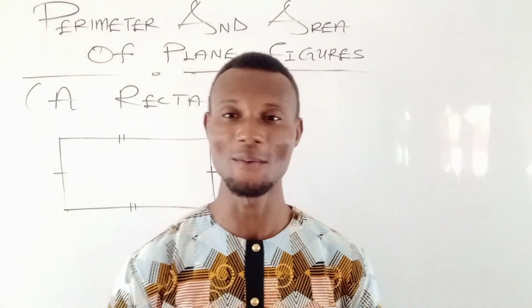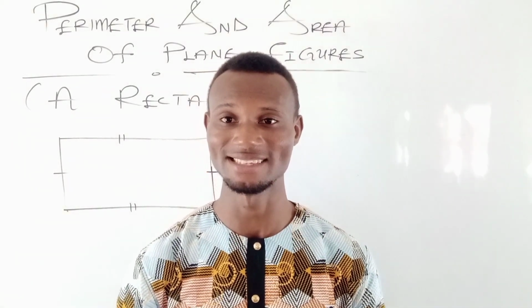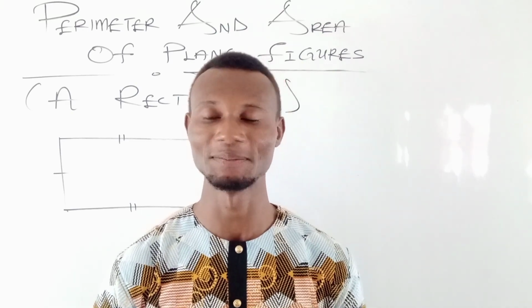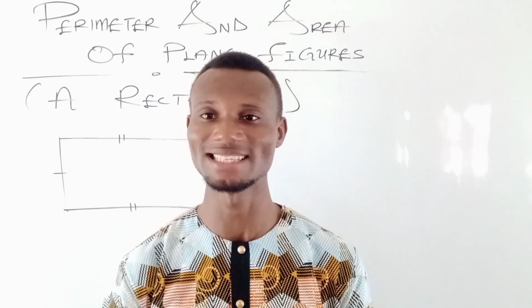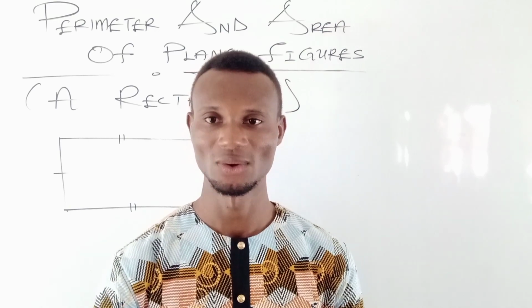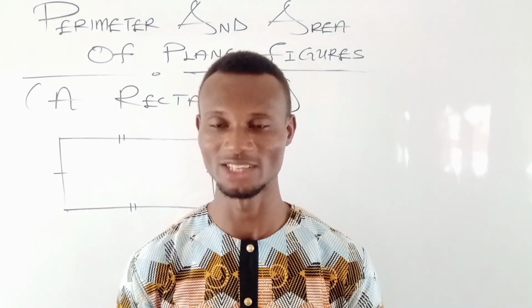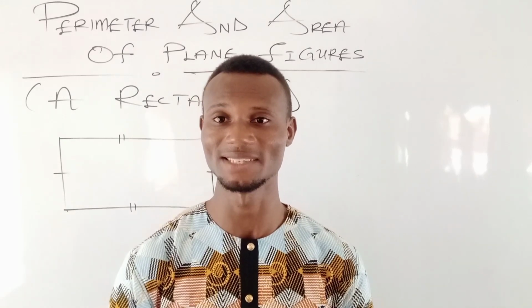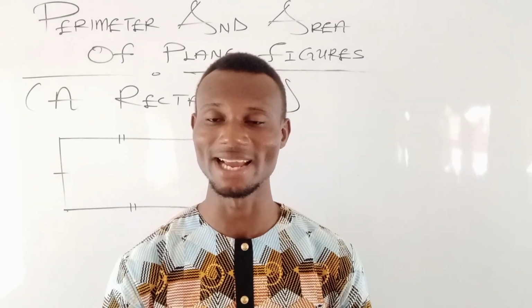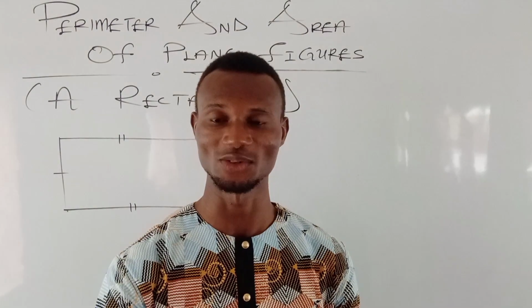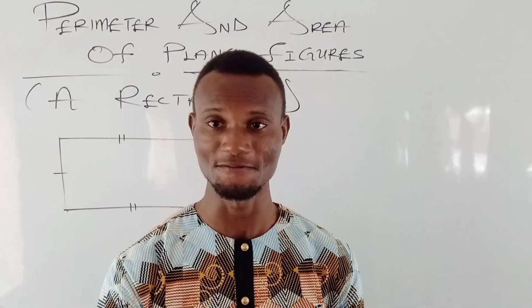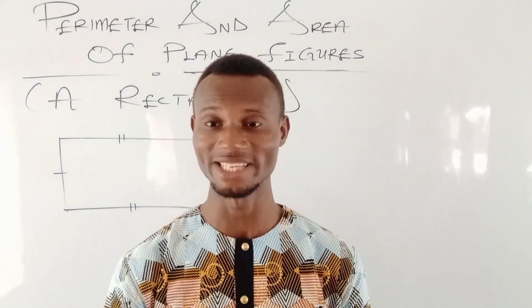When we talk about a plane figure, the simplest way to understand it is that a plane figure is any figure that has no thickness. In other words, it's a two-dimensional figure.